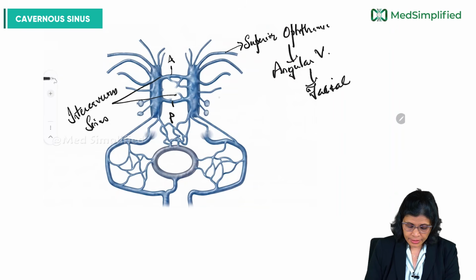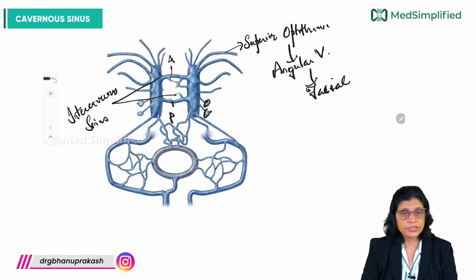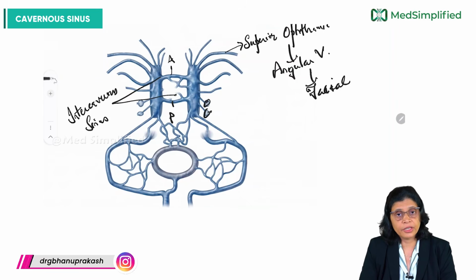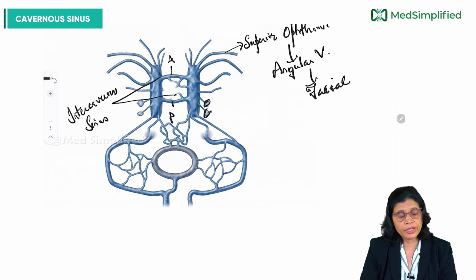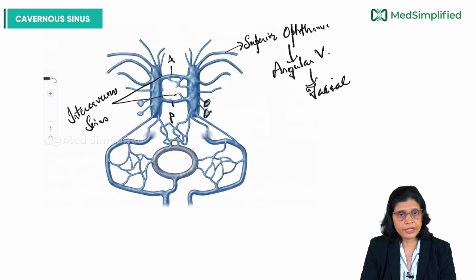The other route is, now here all these veins through the emissary veins which pass through the foramens, that is, in close relation to the cavernous sinus, we have the foramen spinosum, the foramen ovale, foramen of Vesalius, foramen lacerum. All these foramens are there through which the emissary veins pass, and emissary veins, we know they are the valveless veins where the blood can flow in either direction, and they connect the extracranial to the intracranial to balance the pressure between the extracranial and intracranial veins.